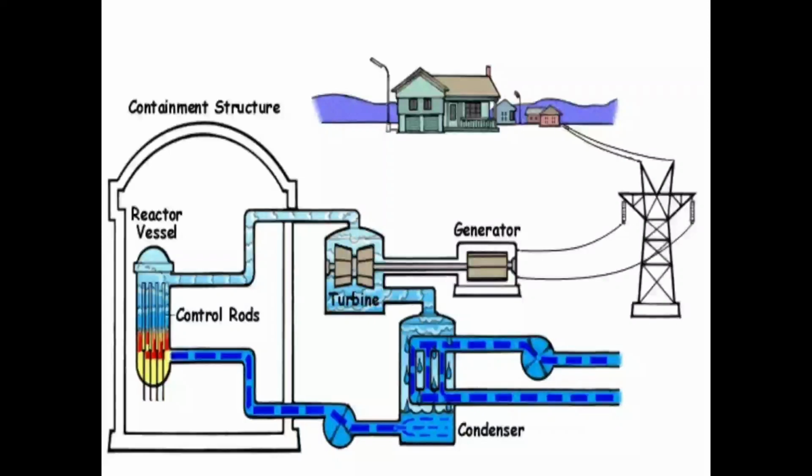The cold water, which absorbs the heat of the wet steam, is cooled down in the cooling tower and again circulated through the condenser via the circulating pump, whereas the condensate extraction pump extracts the water from the condenser and enters it into the heat exchanger, where it again gains heat and is converted into steam.